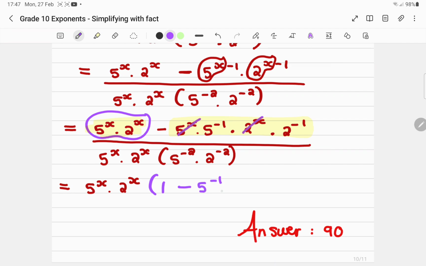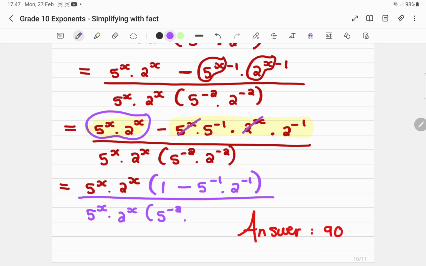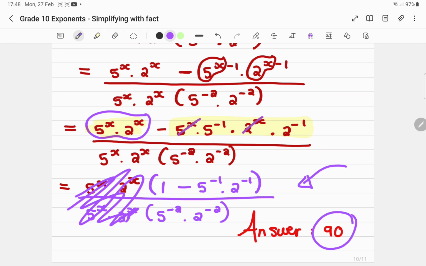So what is left? 5 to the power negative 1 times 2 to the power negative 1, all over 5 to the power x times 2 to the power x, and what was left here, 5 to the power negative 2 times 2 to the power negative 2. So that can delete out, and then if you pop this correctly into your calculator, you should get 90.